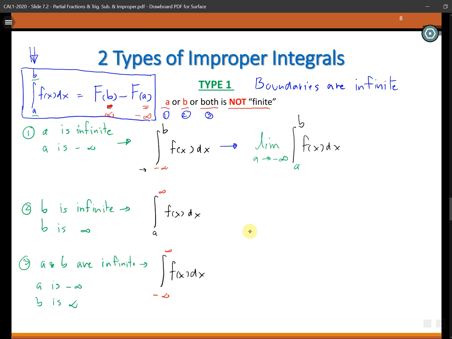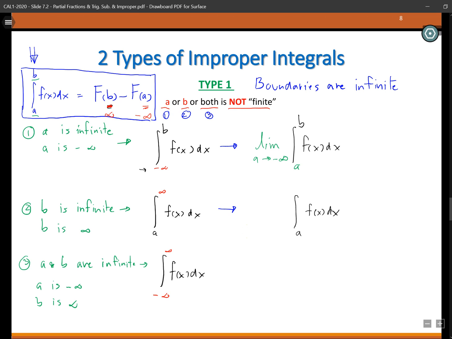All right. Now we are going to do the same thing for scenario 2 and scenario 3. This one, let's change that. Instead of having the original integral, we are going to transform it to something a little bit different. Fx still the same, dx. The lower bound a doesn't have any problem, so leave it.